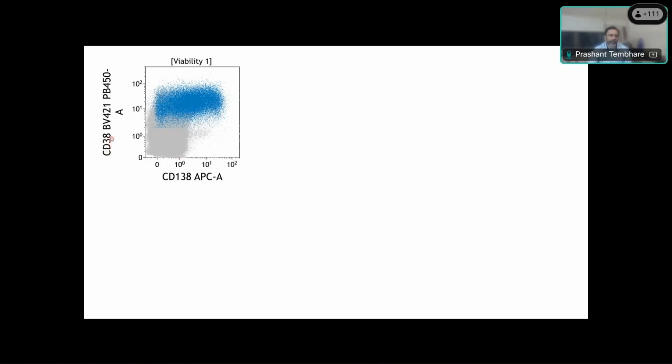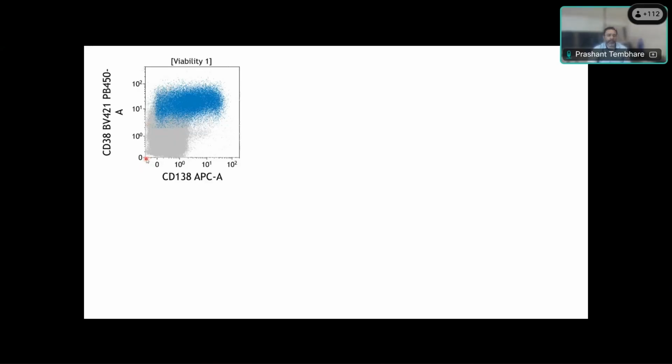The labels indicate the expression of protein on each axis. This is CD38 and this is CD138. So we can read CD138 expression on these cells on the x-axis, and we can read CD38 expression, that is expression of CD38 protein on the cells, on the y-axis.